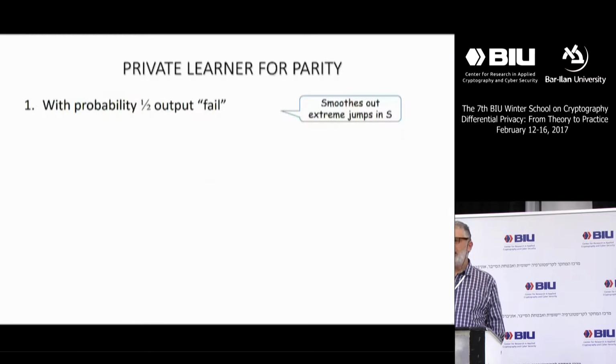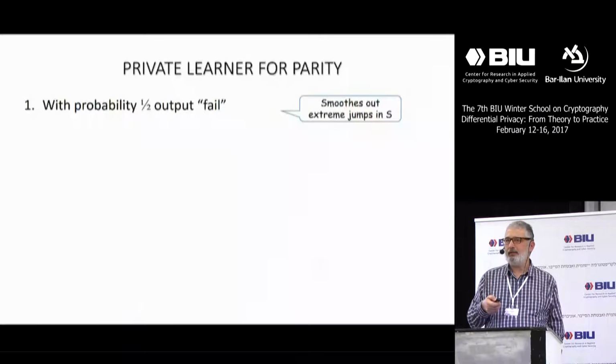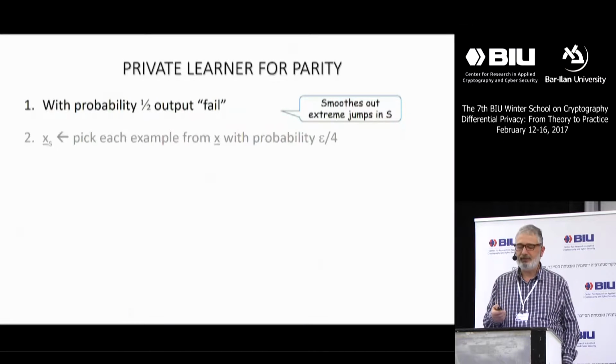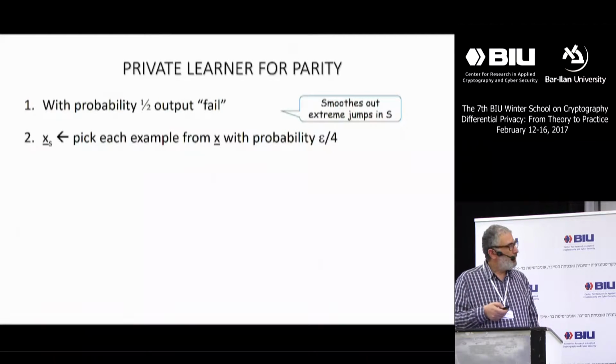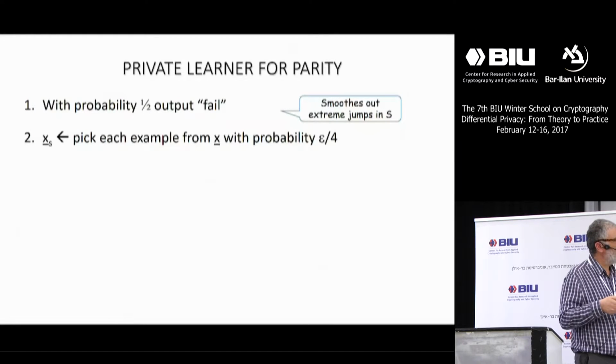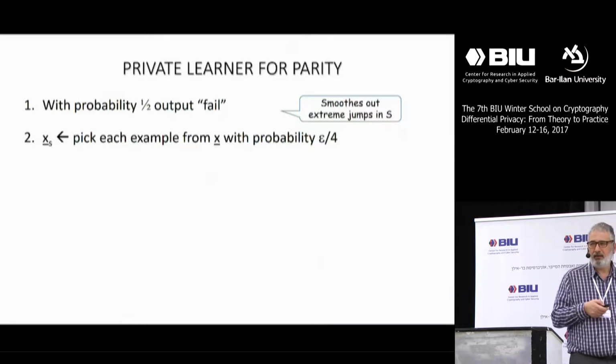So let's allow that to happen. In a sense, we want to decrease the effect of a new constraint. If it will cause the algorithm to fail, then anyway, with high probability, this algorithm fails. And the other trick, which became known as secrecy of the sample, is that we only use about an epsilon fraction of the examples here.